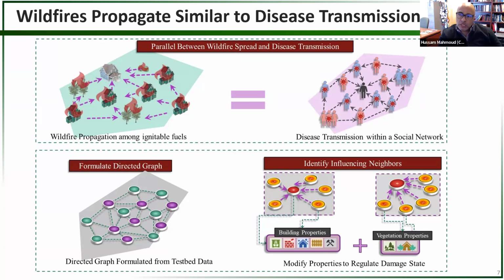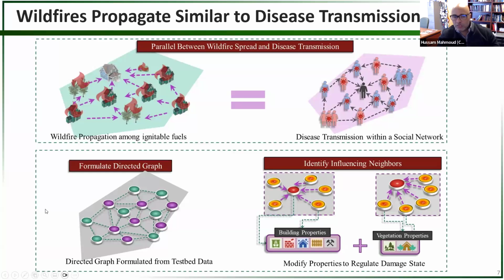So how to orchestrate mitigations in the community, in terms of hardening homes and reducing fuel at a specific location, is a very important concept, and you cannot do that without looking at the problem as a network problem. So using this network concept, we developed something called a directed graph, which has nodes and links.